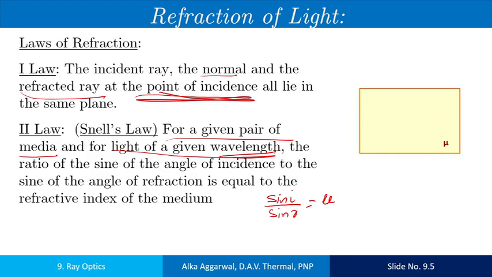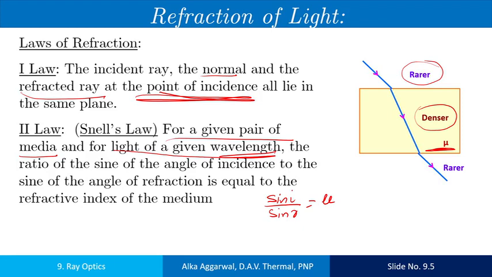Say it is a slab whose refractive index is mu. This medium is the denser medium and the surrounding medium is rarer. The ray of light is incident on this point, the point of incidence. Instead of going in this way, it deviates from the path.